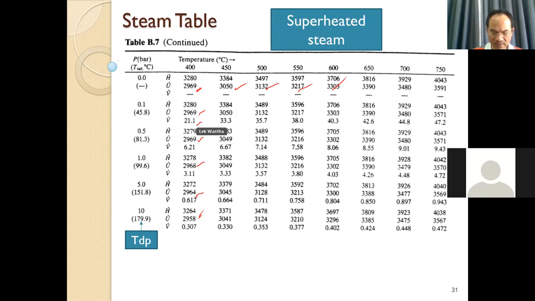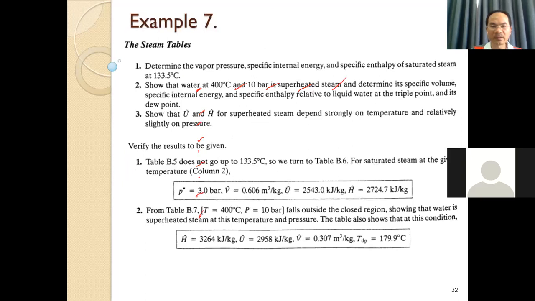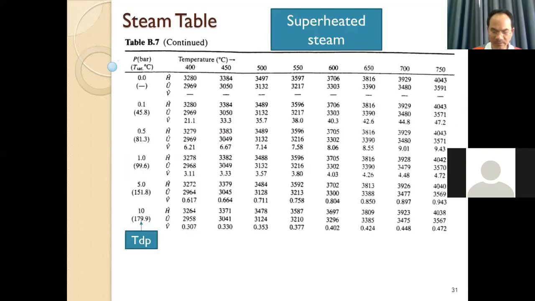Okay, so from this table we can conclude that enthalpy and internal energy strongly depend on temperature, but slightly depend on pressure.